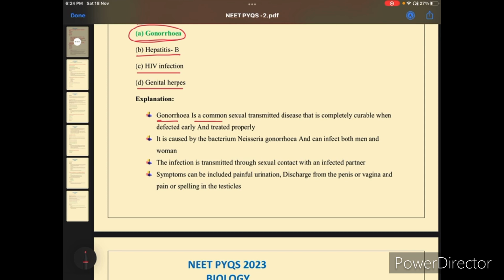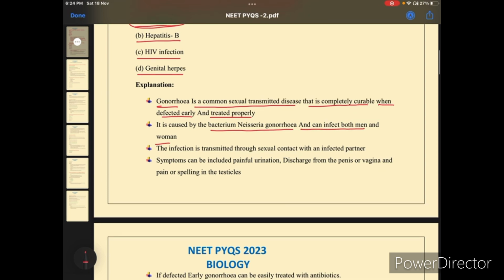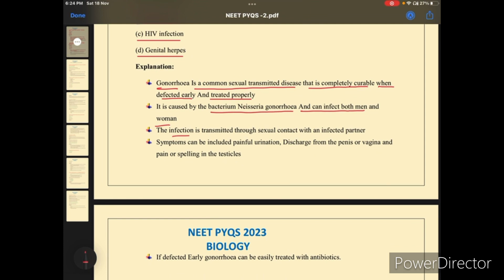Gonorrhea is a common sexually transmitted disease that is completely curable when detected early and treated properly. It is caused by the bacterium Neisseria gonorrhoeae and can infect both men and women. The infection is transmitted through sexual contact with an infected partner.